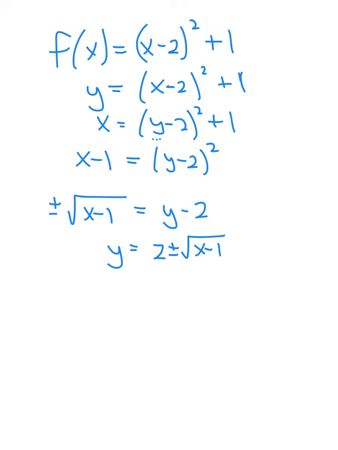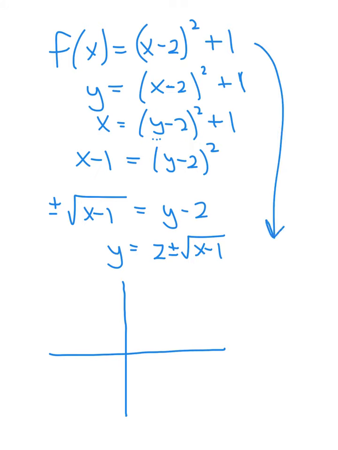There. If we come to graph this out, the original function here has got vertex 2, 1, and the graph goes upwards. So let's just put the calibrations in.